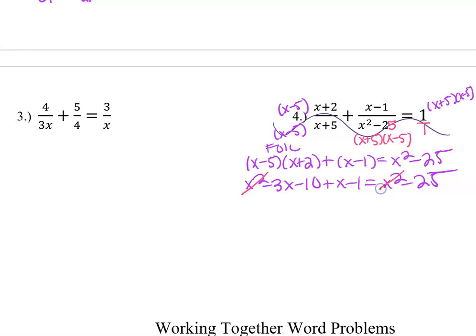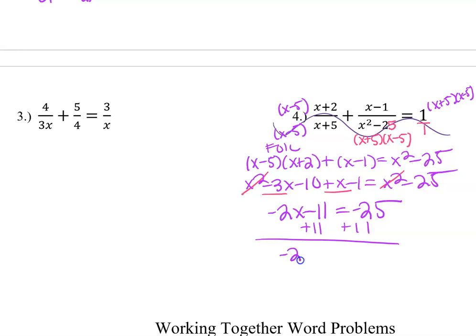X squareds drop out. Okay, I would add the 11 over. And then divide by negative 2. So x would equal 7.